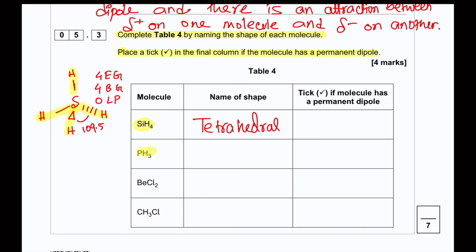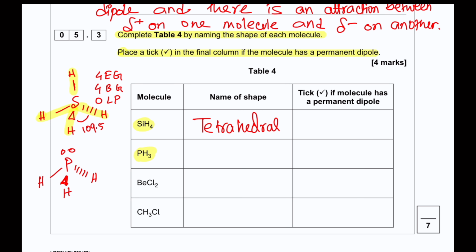PH3. The molecule PH3 is pyramidal. Now, let's see the molecule PH3. Phosphorus belongs to group 5, so it has 5 electrons in the outer shell. So with the hydrogen bonds, we can show it like a three-legged pyramid with a lone pair on top.